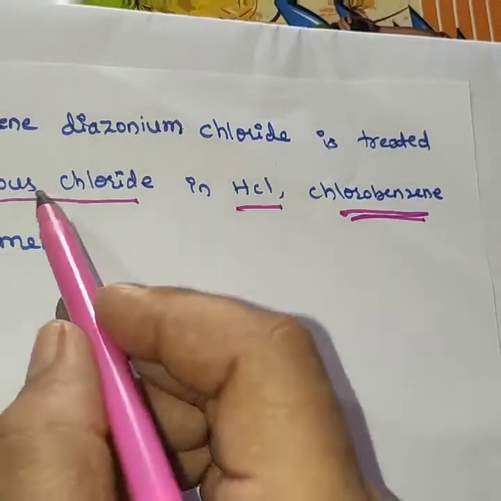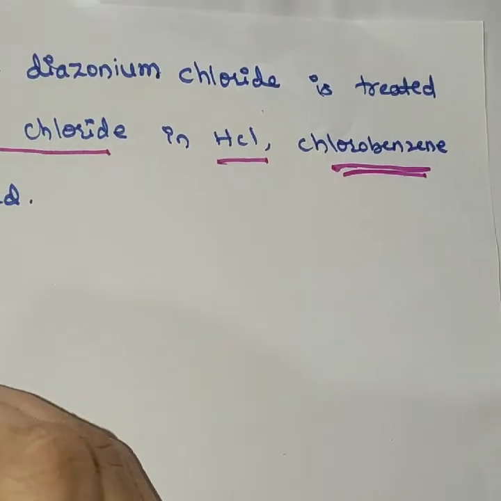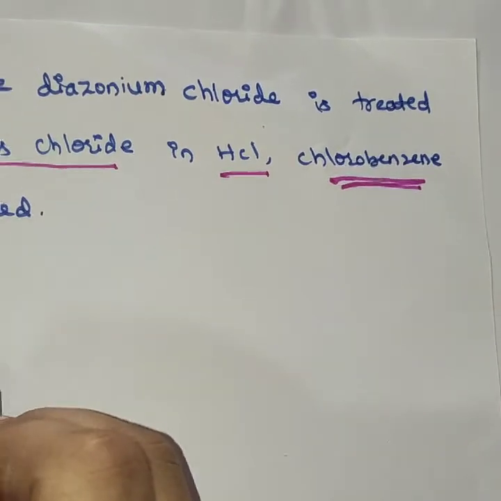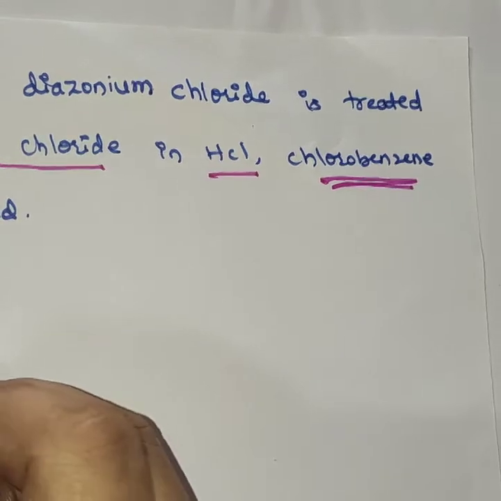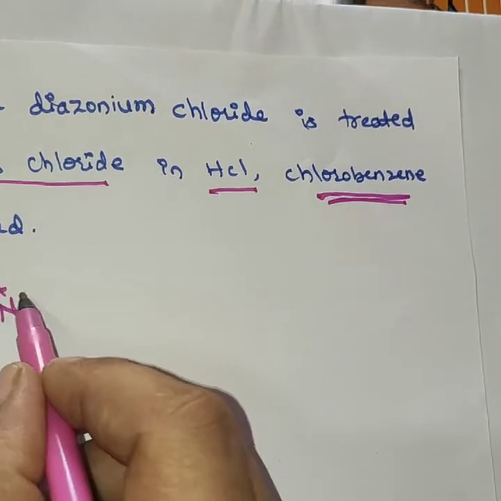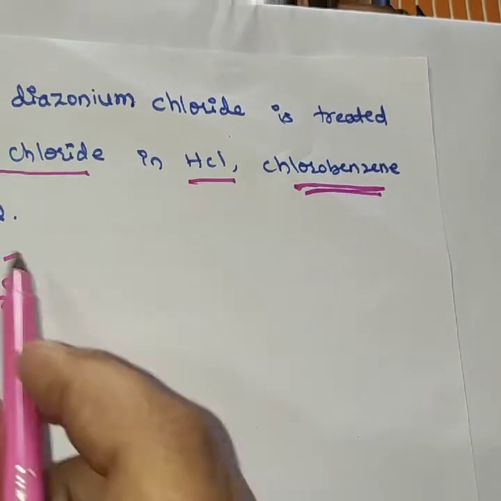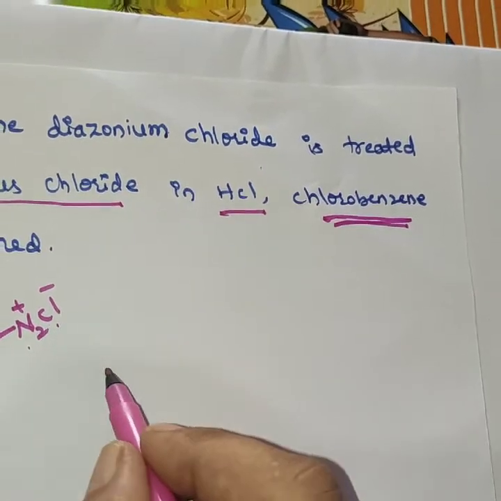When I say benzene diazonium chloride, I have already mentioned it: we should write it as N2 plus Cl minus. This is known as benzene diazonium chloride.